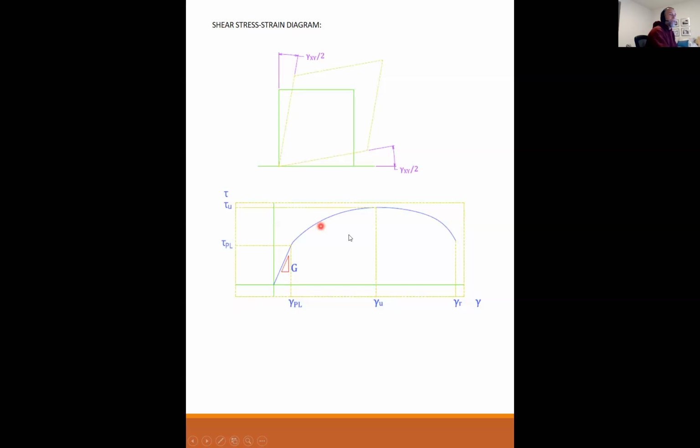Okay, what is G? Well, in this, the vertical axis is tau, shear stress. Shear stress is G times shear strain, gamma, where G is known as the shear modulus of elasticity, or otherwise known as the modulus of rigidity.